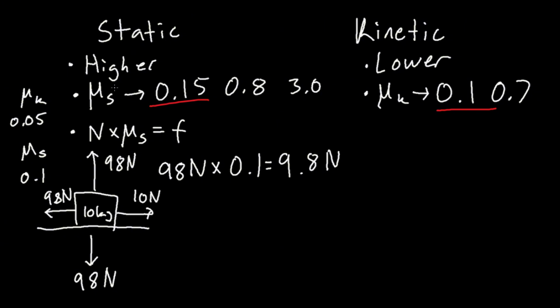Well, the moment that happens, this box is moving. And when the box is moving, kinetic friction goes in. So you don't use the static friction force anymore. You use kinetic friction. So you multiply the normal force by the kinetic friction coefficient, and then you get 4.9 newtons. Now the resistance is just 4.9 newtons.